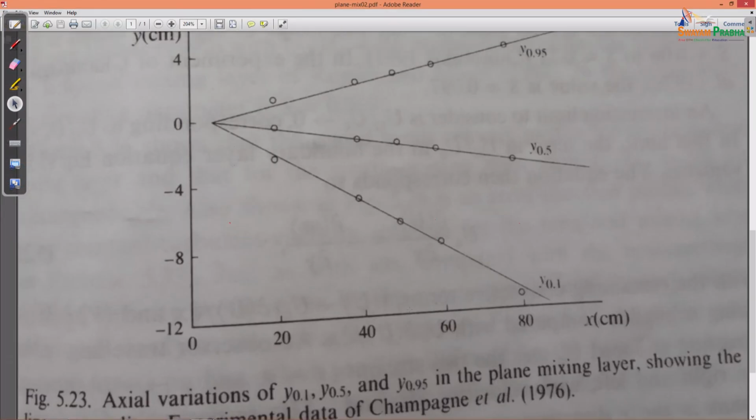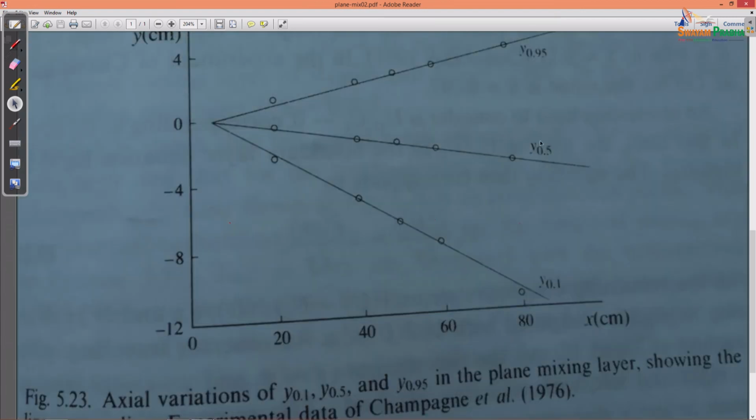You can see three different ones, y 0.95, y 0.5 and y 0.01. Here x is in centimeters. As x increases, you can see the actual variations, although we have said that S is actually constant.